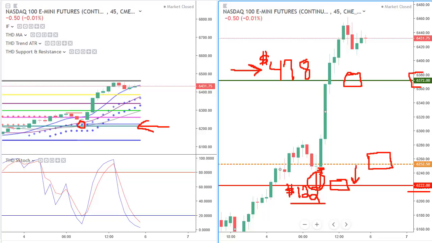I like to show this on the chart because I believe it's very visual. You're looking at your risk, which is between here, versus your reward, which is between here. So this is a trade that is skewed in your favor on the reward side. If you're using numbers, it's 1 to 4.